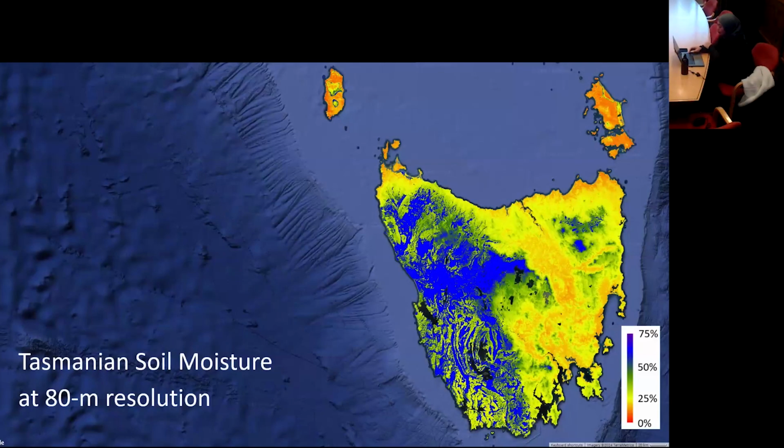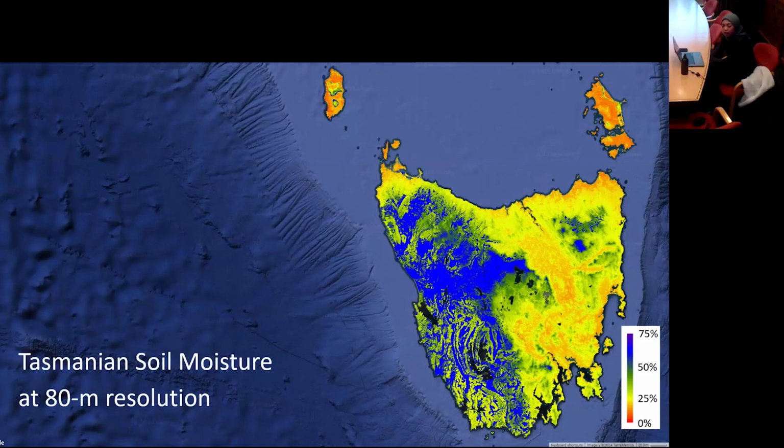After we finalize the models to predict the soil moisture at both surface and subsurface layers, we apply the models to the raster files of the variables. So here we have the final product of the soil moisture maps at 80-meter resolution.